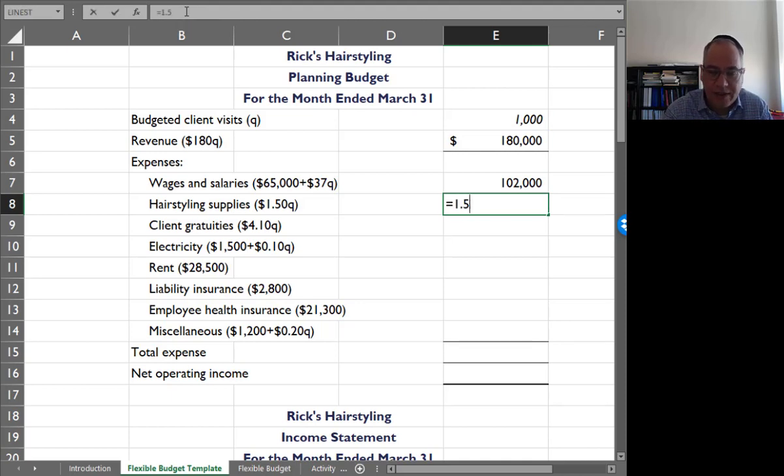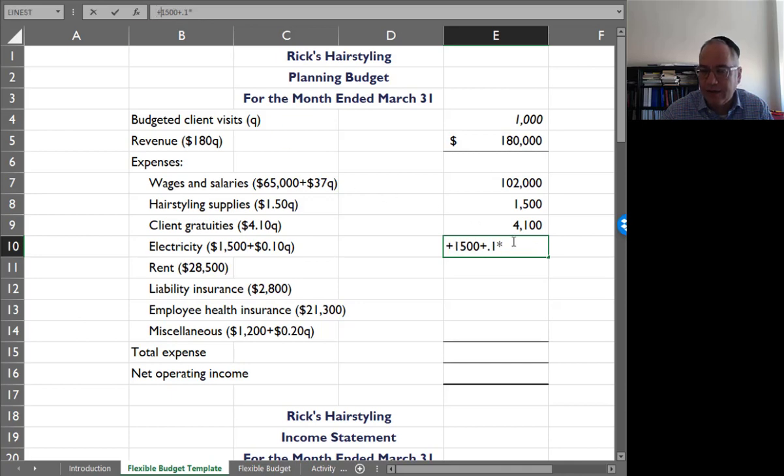Hairstyling supplies would be $1.50 times the number of budgeted visits. Client gratuities would be 4.1 times the number of client visits. Electricity would be 1,500 fixed plus 0.1 times the number of client visits.